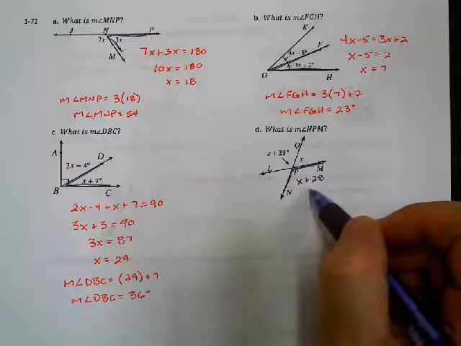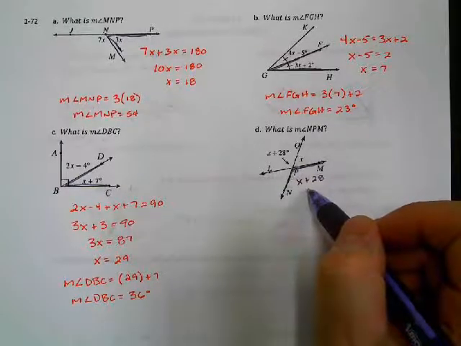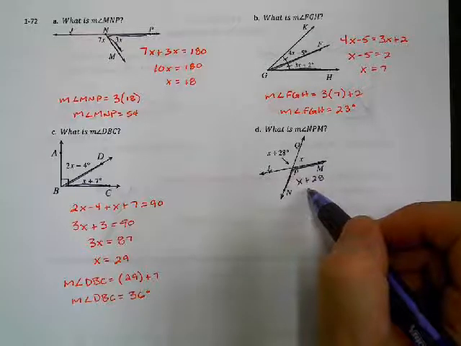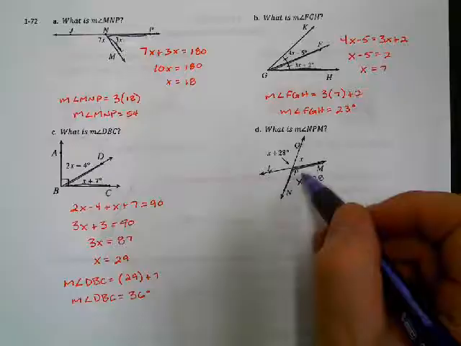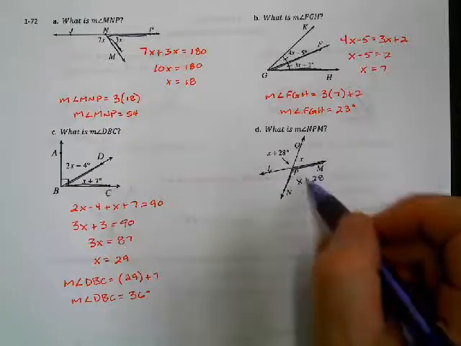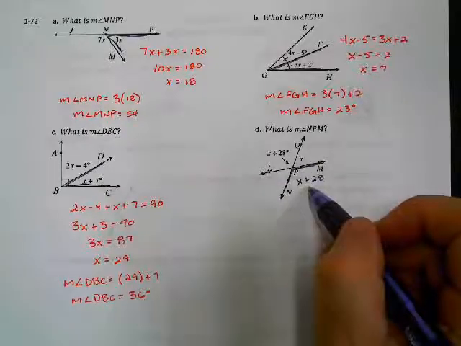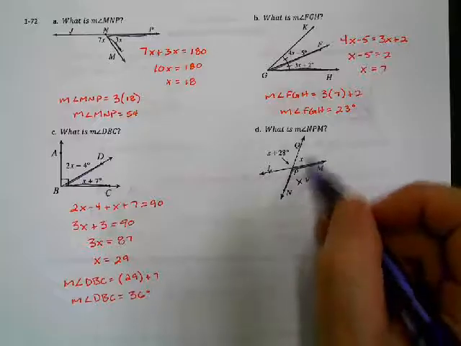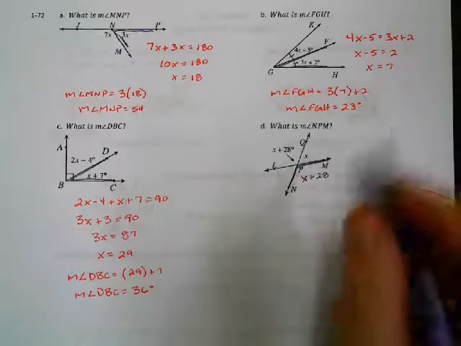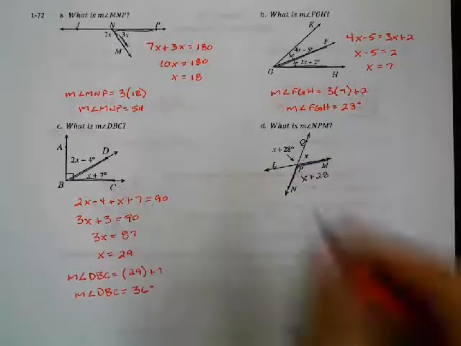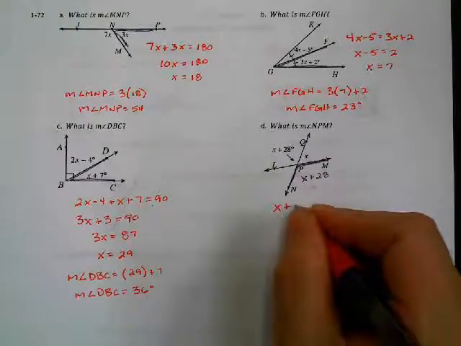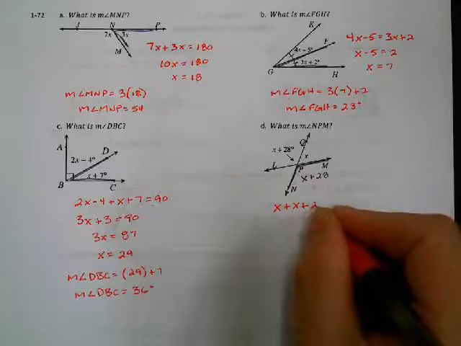So instead, I'm going to have to use this angle over here and use linear pairs with this one. Since these are the same, I can't get the value of x from that. So I'm going to have to use linear pairs here instead. Remember, linear pairs are supplementary. So I'm going to say that x plus 28, so this angle plus this angle is 180 degrees.